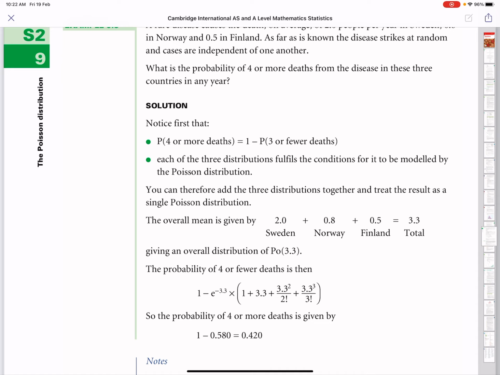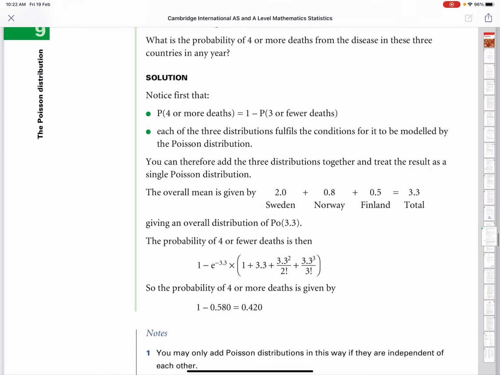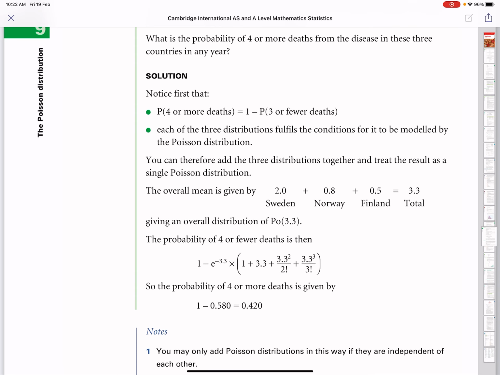So all you need to identify is that because they're independent and random, you can combine those 3 events. So the total number of deaths would be 3.3, as stated, just on the overall mean. So when we do the Poisson distribution, we just need to consider 3.3. So for any questions that we answer for this, whatever the r value, your lambda would be 3.3.